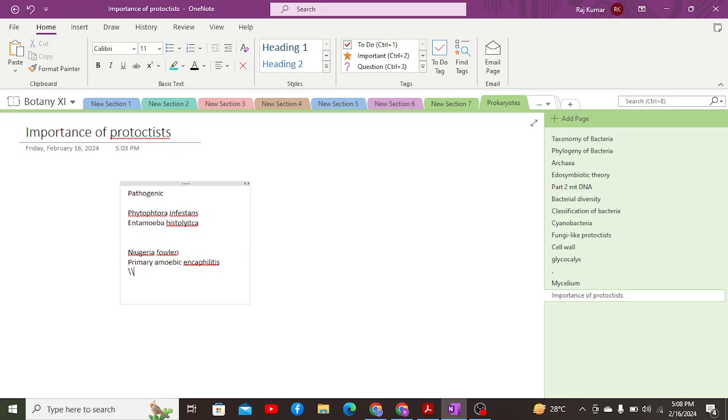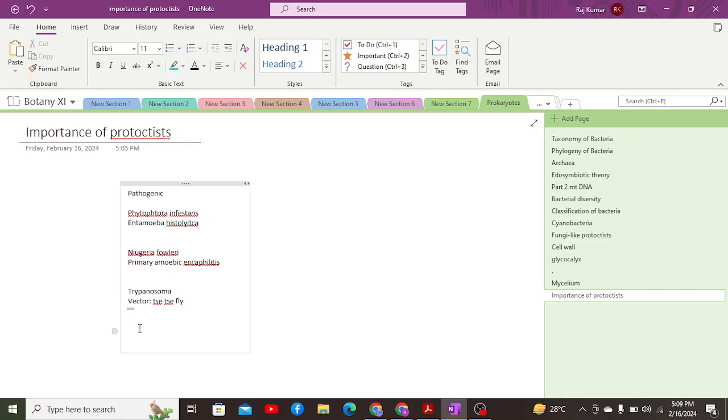Moreover, Trypanosoma causes African sleeping sickness, and that Trypanosoma is spread by a vector. The name of this vector is the tsetse fly.